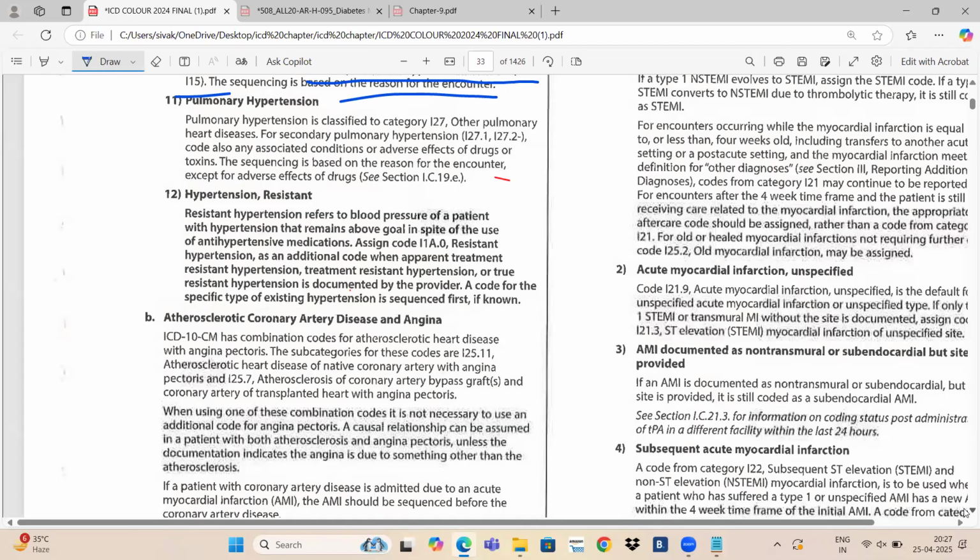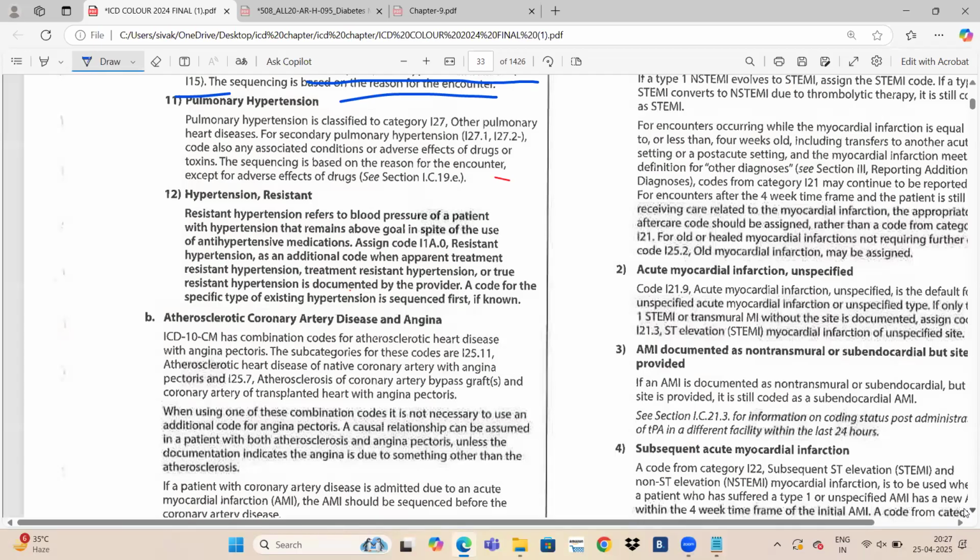Then if they did not document any specific type and gave only unspecified, you need to check whether they documented CKD or heart failure. If hypertension is documented with CKD, heart failure or heart disease, no linkage is needed.